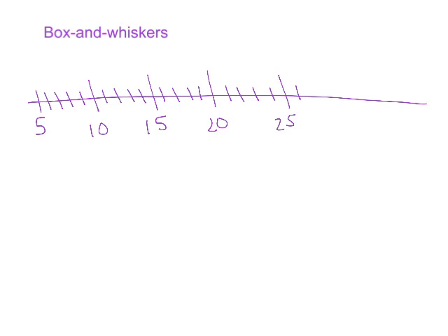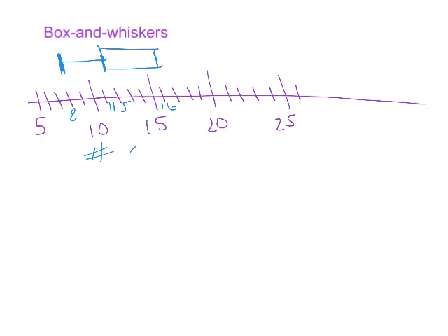So let's go ahead and plot the lowest number. So 8. About right here is 8. And then we're going to plot our Q1, 11.5. So right here, from here to here. And then from 11.5, we're going to go to our median, which is right here, 16 customers.